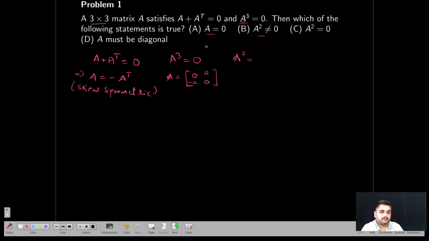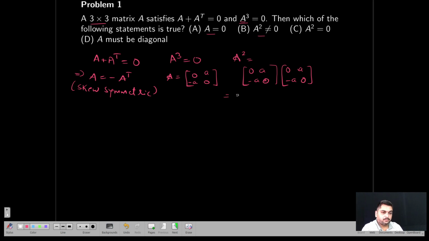So A is not equal to 0, or A square is not equal to 0, or A equal to 0, or A square equal to 0, or A must be diagonal. Let us check. Let us find A square. So find [0 A; minus A 0] into [0 A; minus A 0].